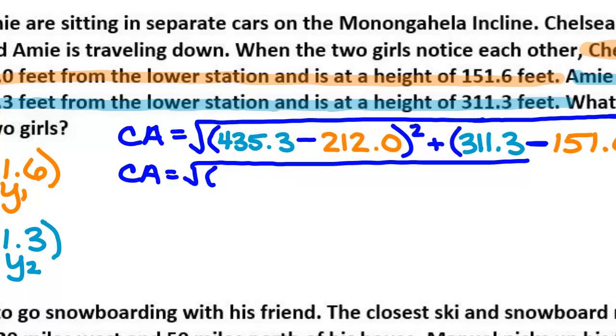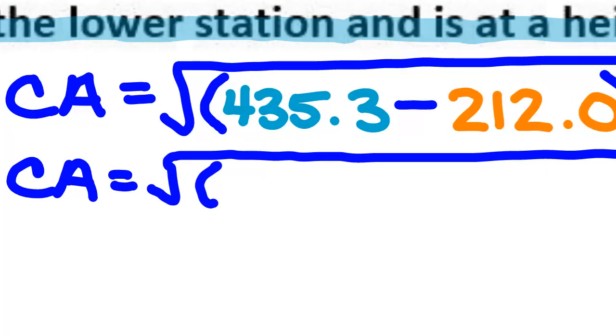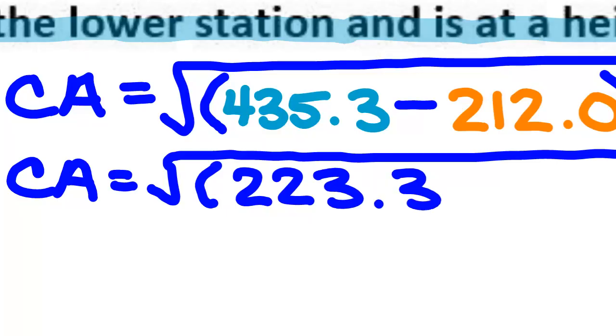All right, so this first one, 435.3 minus 212, what do we get from that subtraction? 435.3 minus 212. 223.3. 223.3. Close the parentheses and square that.